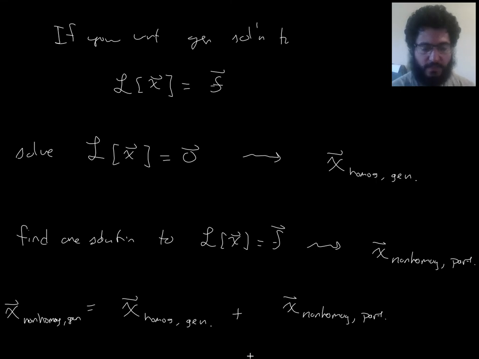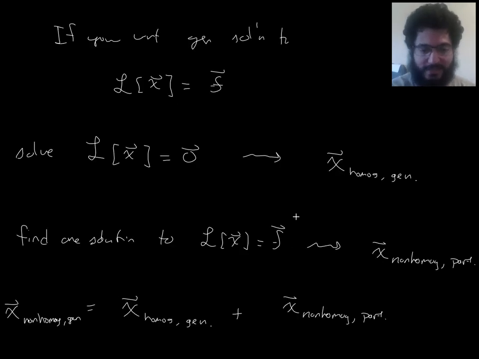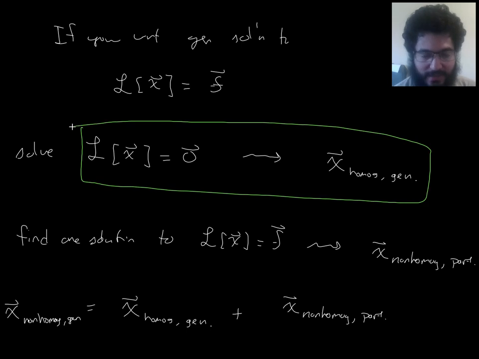So this just always works as long as your L here is linear, and it works in this situation too. But you remember what the hard part is, right? Right now we have this part locked down: solve the eigenvalue problem for your matrix A. In our context, this is x prime equals Ax, right?